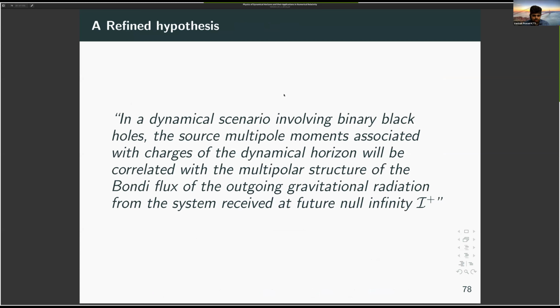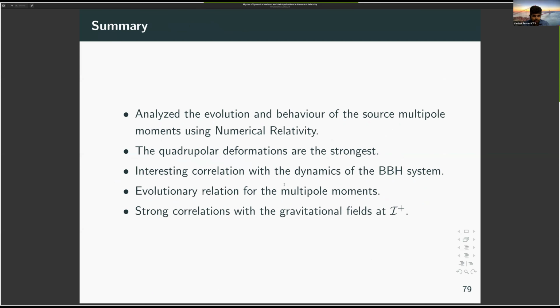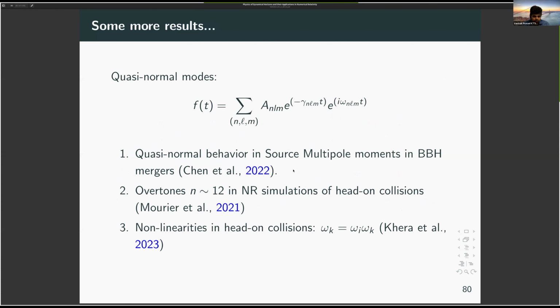So this leads to an interesting refinement of the hypothesis, or the conjecture, that there are correlations between the strong field and the weak field regimes. Possibly the full multipolar structure of the dynamical horizons could be correlated with that of the Bondi flux at future null infinity. I would also like to mention some other interesting results, which possibly will be talked about in tomorrow's session.